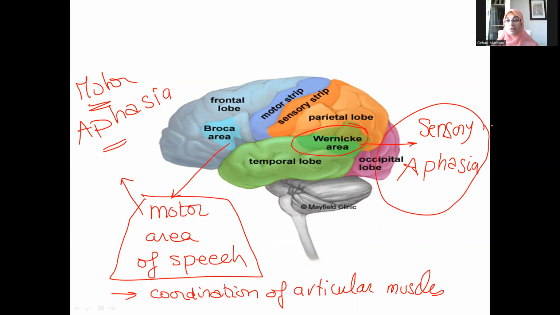You would be very fluent, by the way, because you don't have a problem in coordination, but you would give nonsense speech because the ideas themselves are distorted. In Broca's aphasia, the lack of coordination is not in the articulator muscles only, but also in the small muscles of the hand. So they have difficulty writing well and writing on the lines.